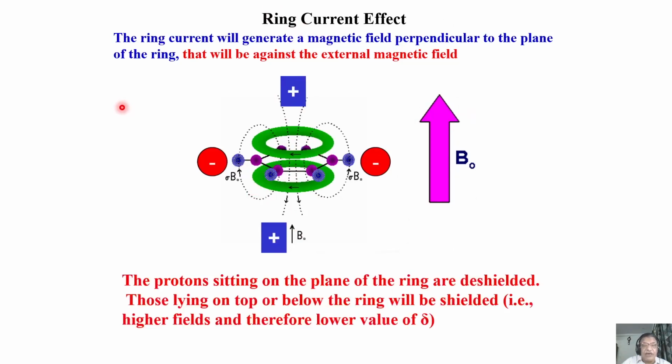As a consequence, there will be shielding and de-shielding areas. Remember, if you trace the lines of force of the magnetic field emanating from the center of the ring, they go back, and they can come like this and go back, or they can come like this. Take the plane of the benzene ring like this.